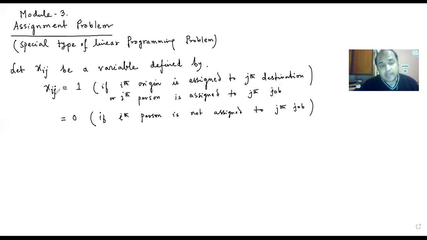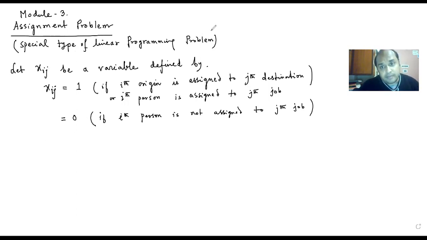This subscript i may be a kind of machine, and that subscript j can also be considered to be a person or a job or whatever. There are two different kinds of things which we are going to assign to one another. If we are able to assign them in some way or other, then we consider the value of the variable to be 1. And if we are not able to assign them, then the value of the variable is 0. So this is the nature of the variable xij in this particular case.